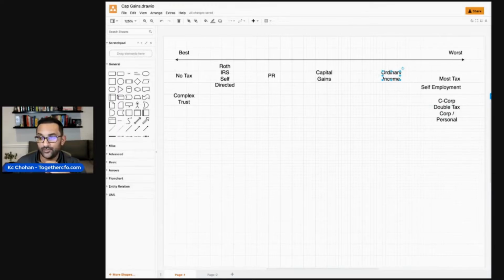You could pay a 50% tax rate by just doing these things in the wrong way. Whereas on the left-hand side of the screen, you can get down to 0 in Puerto Rico if you're willing to move there, relocate, and live there for the amount of time that you need to qualify. And then on your ordinary income and earned income, you're going to be paying 4%.